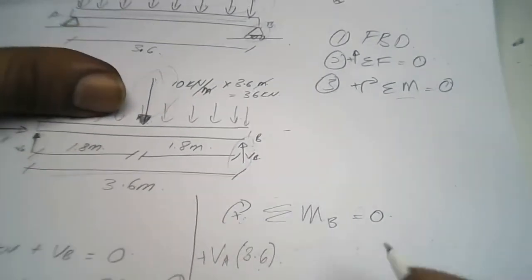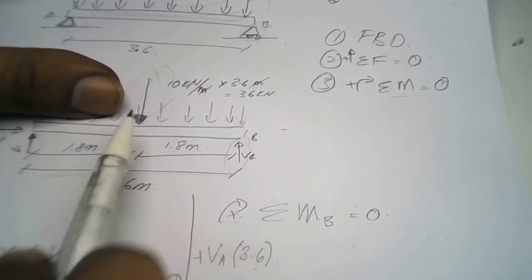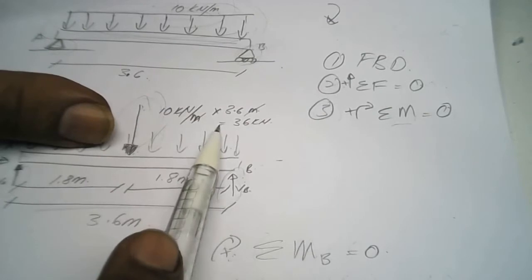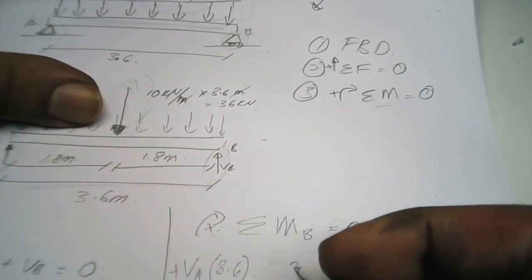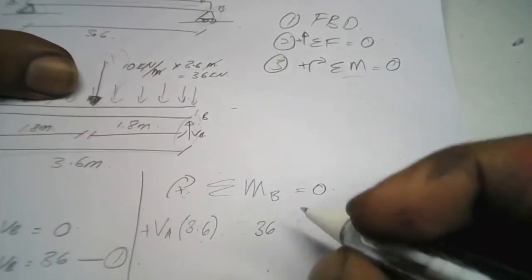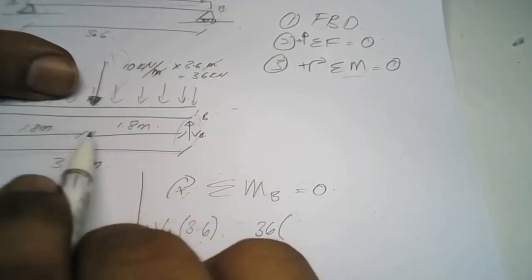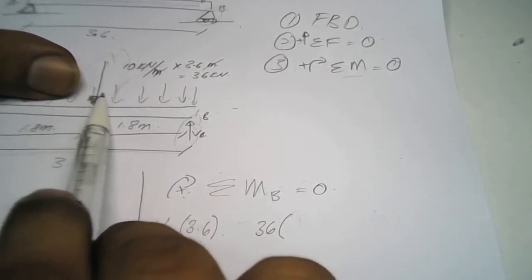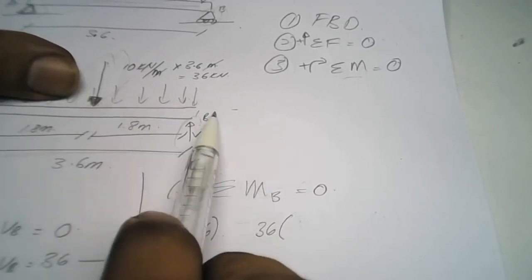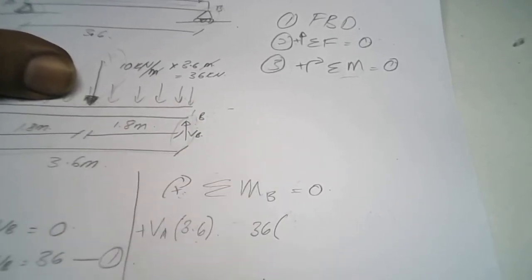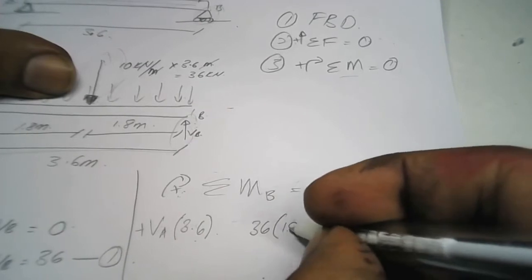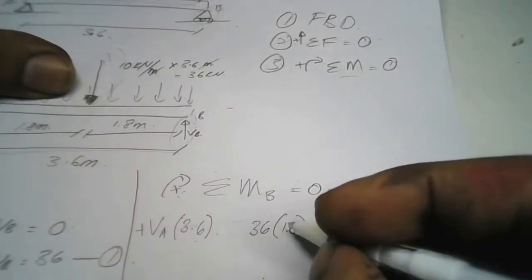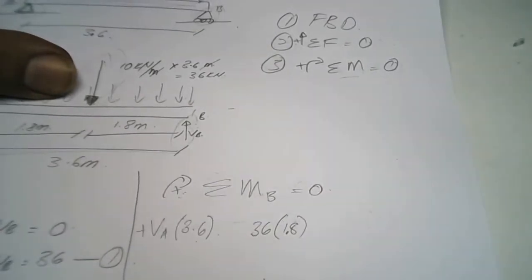The next one is the force. The representative force is 36 kilonewton, multiplied by 1.8, the distance between the representative force and point B. All right, 1.8.